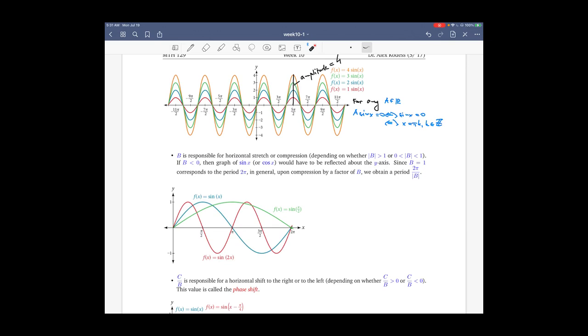So you see we were compressing the function sine x with the factor of 2. Again, if you start thinking of x as time, you can say that the red curve is twice as fast as the blue curve. For the blue curve, it took pi seconds to get to 0. For the red curve, it took half that time, pi over 2.